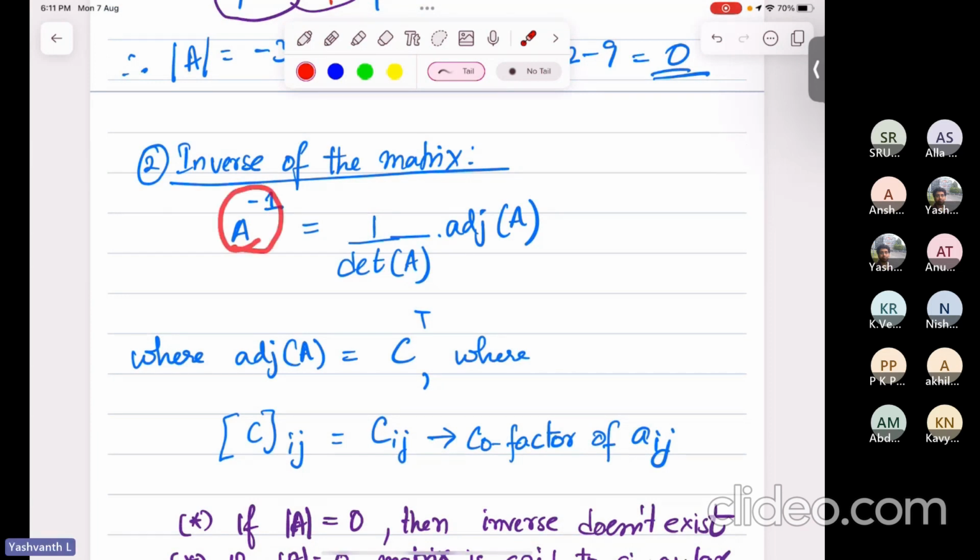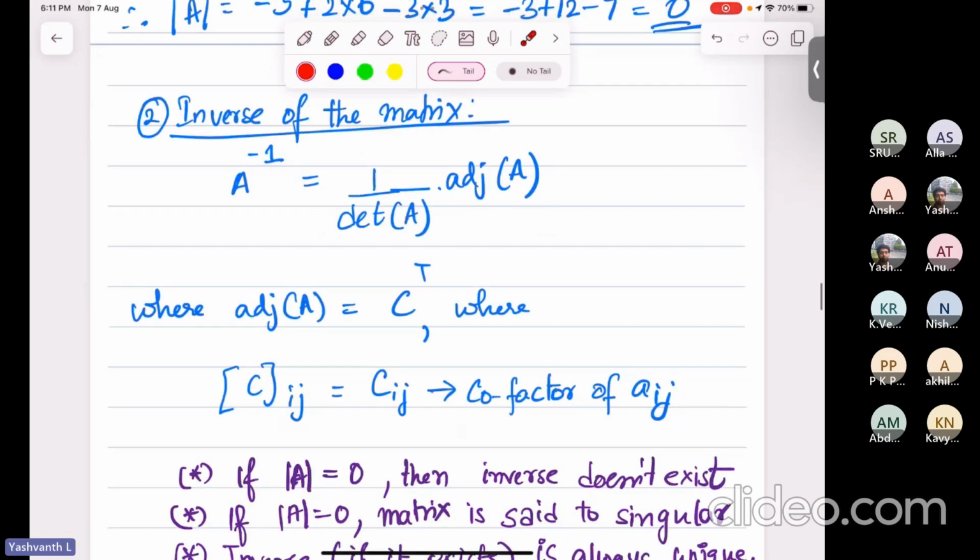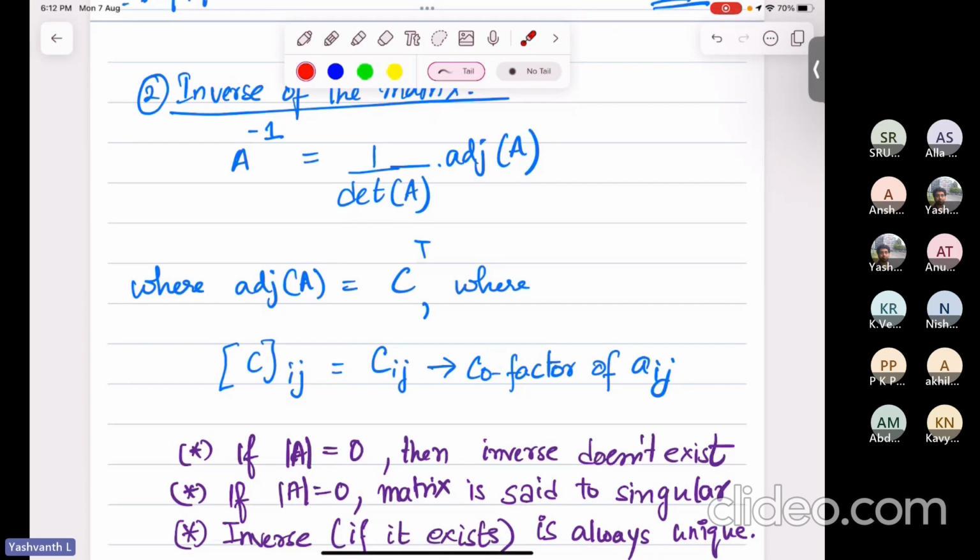A inverse, with the notation A power minus 1, is defined as 1 by determinant of A times the adjoint of the matrix A, where the adjoint of the matrix A is nothing but the transpose of the cofactor matrix, where the ij-th element of the cofactor matrix C is given by the cofactor of the aij element of the matrix A. I think the professor had done an elaborate example in the class to explain what it means.